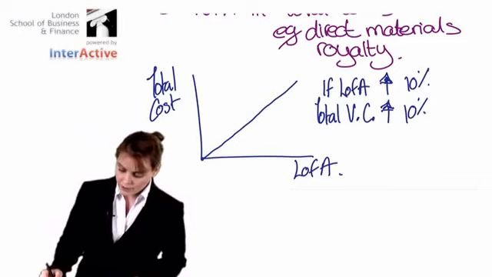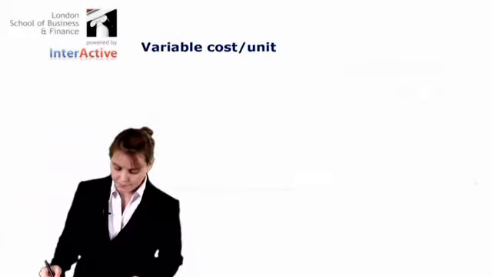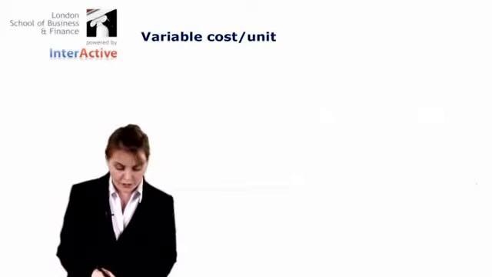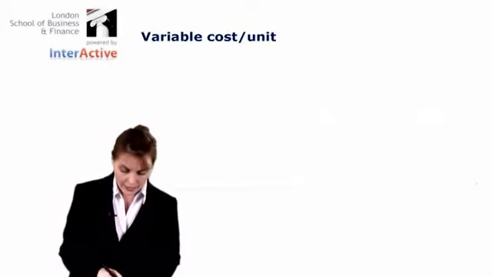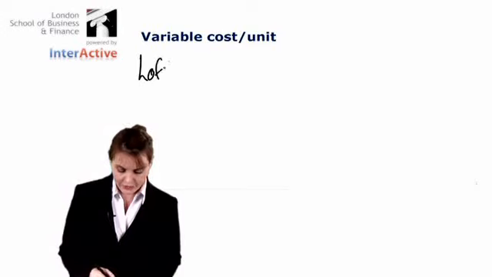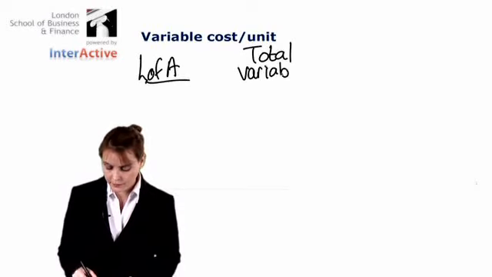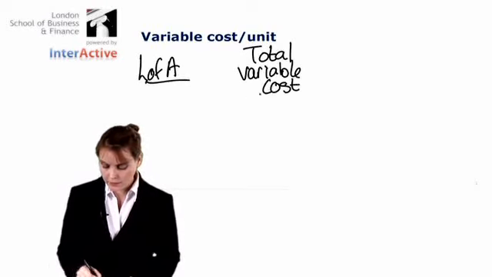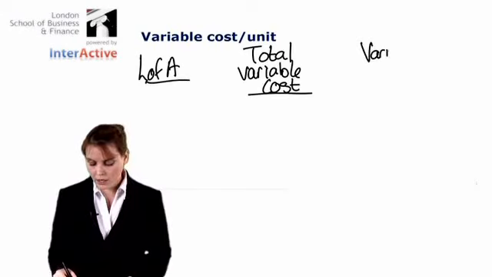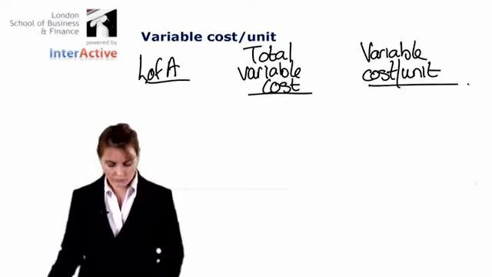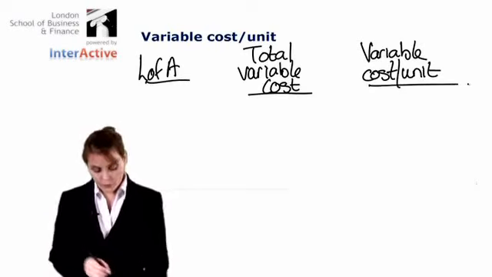What about our variable cost per unit? Well, just like we did with fixed costs, let's look at, for a number of different levels of activity, what our total variable cost will be and what our variable cost per unit will be. Let's start with 1.